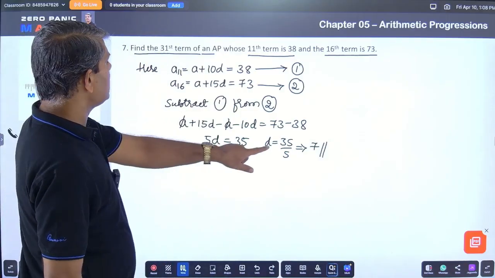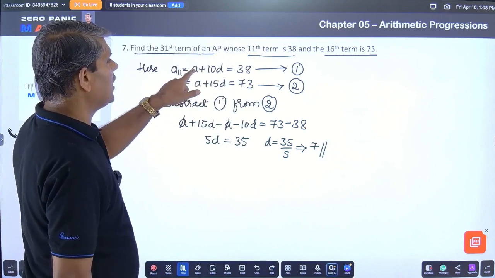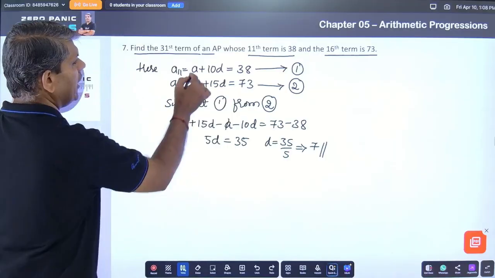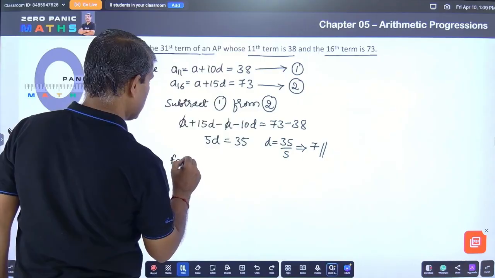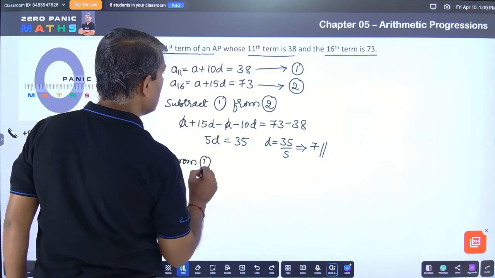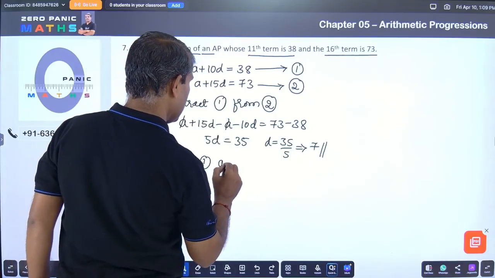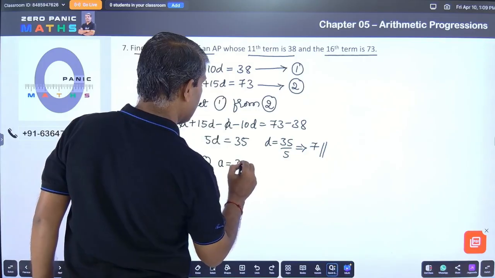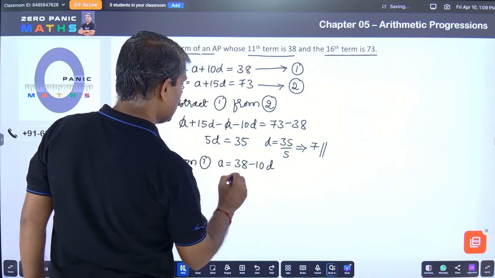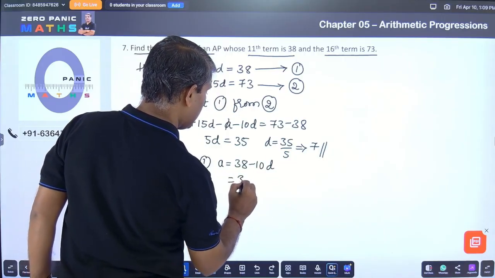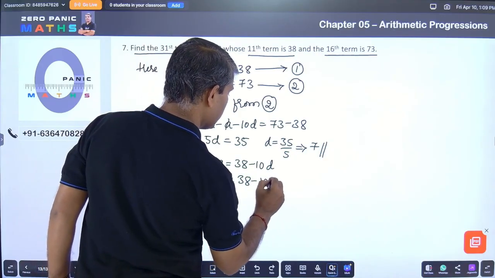Now let us substitute D is equal to 7 in any one of these equations to get the value of A. Let me substitute that into equation 1. So from equation 1, I have the value of D, right? So A is equal to 38 minus 10D, which is 38 minus 10 into 7, that is 70.